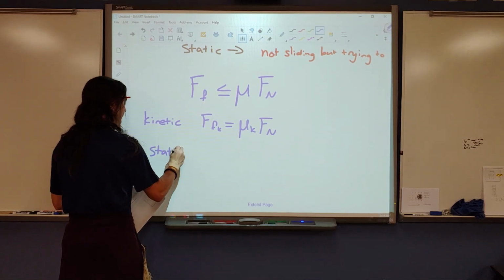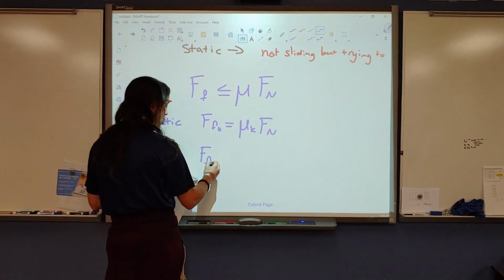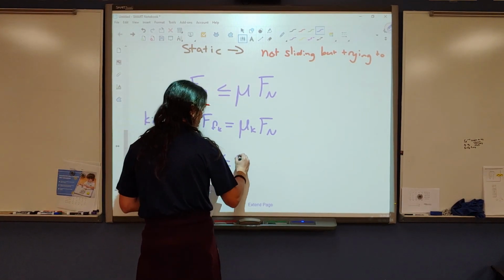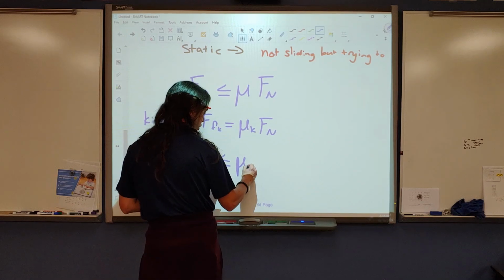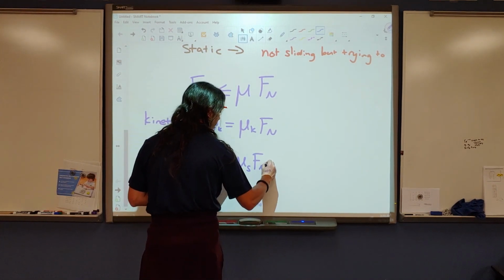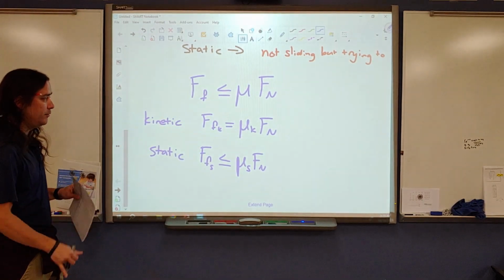If you're working with static friction, however, that one is the one where we get the less than or equal to. So force of static friction is less than or equal to this strange thing, except for static friction we're going to have two different numbers, one for kinetic and one for static friction, though they are very, very similar.